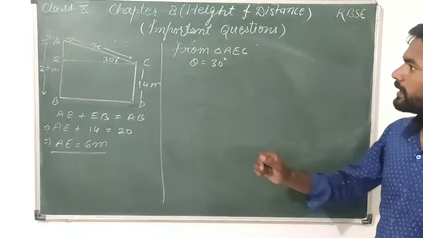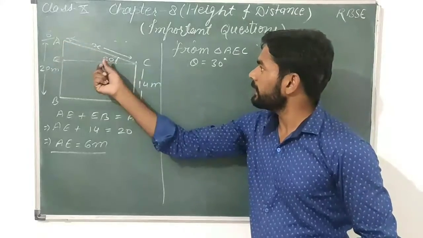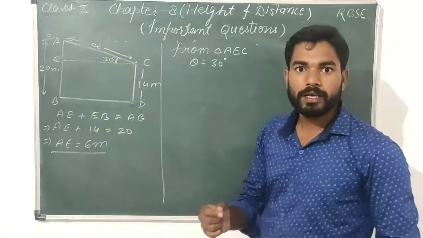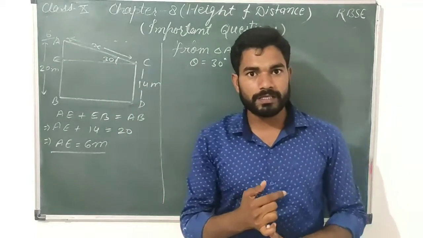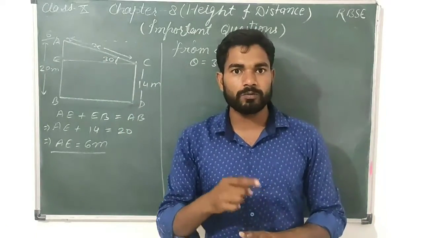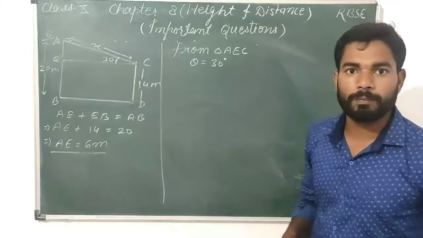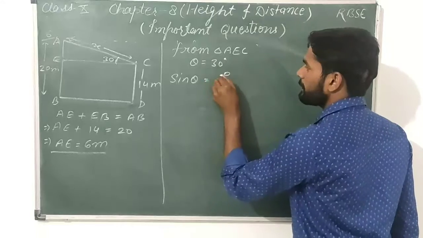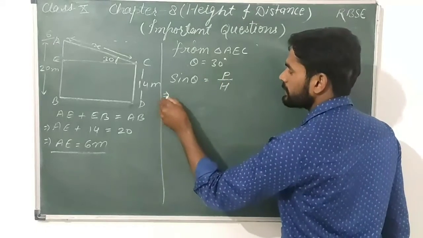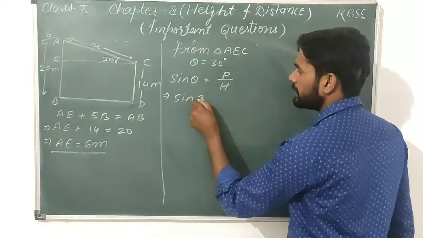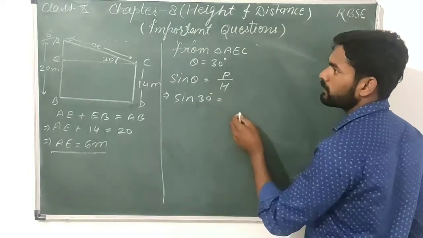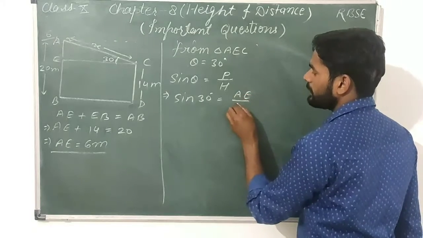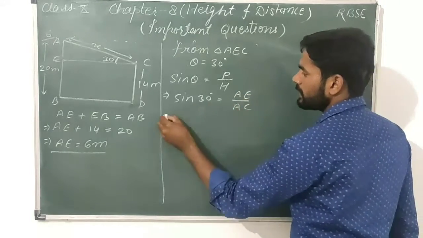Theta is 30 degrees. Then tan theta, sorry, not tan theta: perpendicular and hypotenuse are given. So perpendicular and hypotenuse will be represented by the trigonometric ratio sin theta. Sin theta is perpendicular upon hypotenuse. Then sin 30 degrees: perpendicular is AE and hypotenuse is AC.